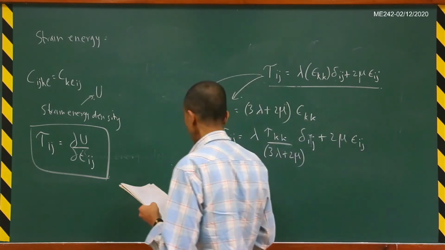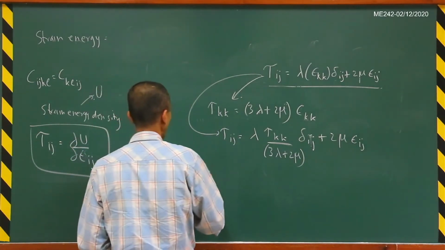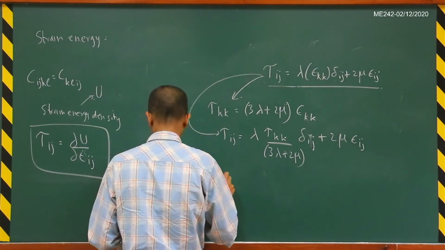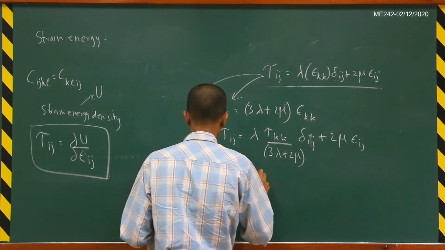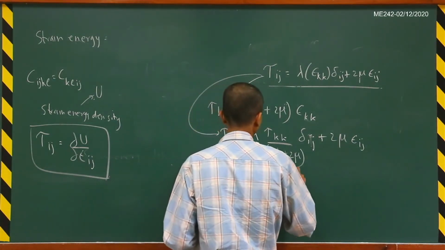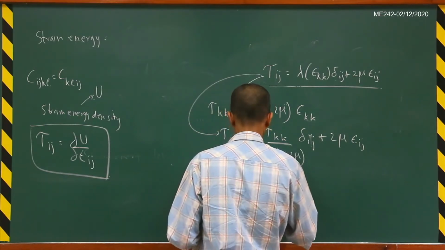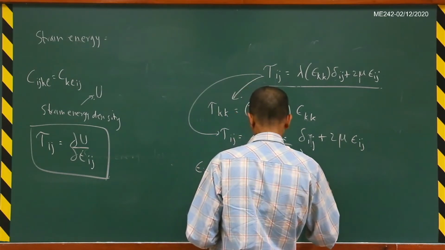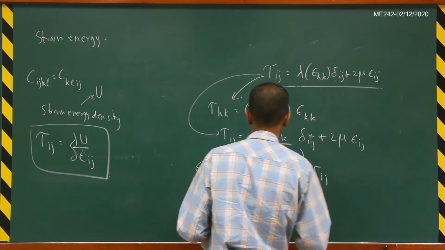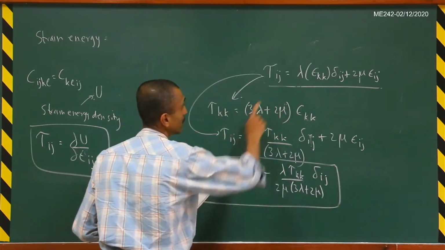Right, and now this allows me to invert the relation. So I will get that epsilon ij is equal to 1 by 2 mu times tau ij minus lambda tau kk divided by 3 lambda plus 2 mu times delta ij.